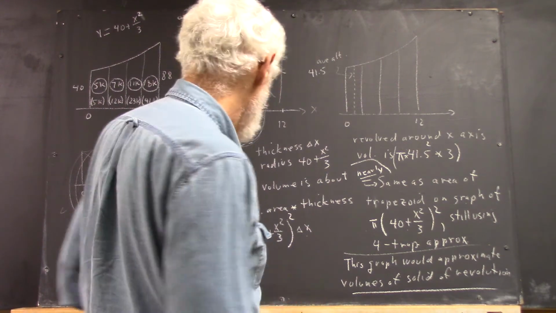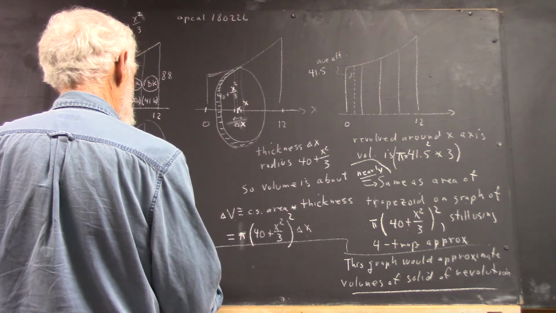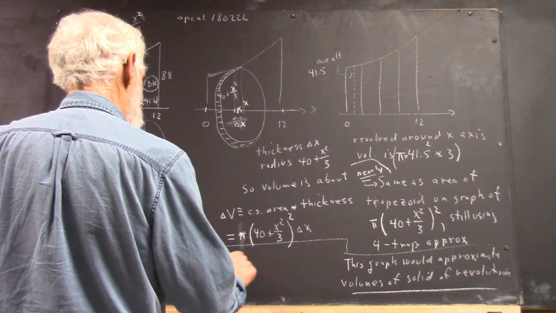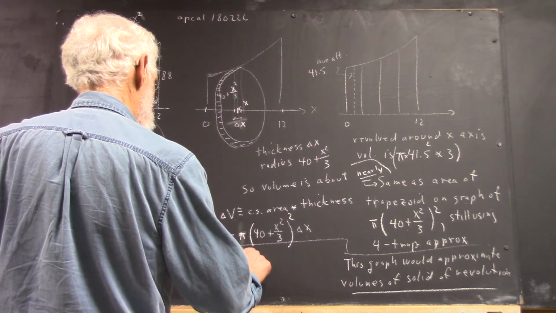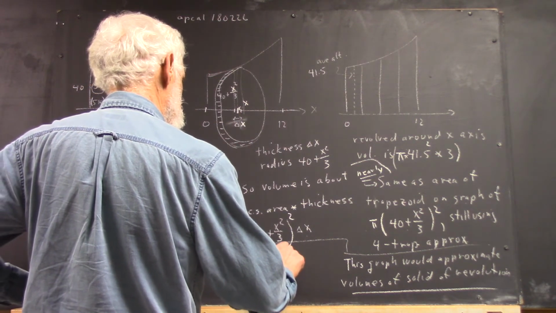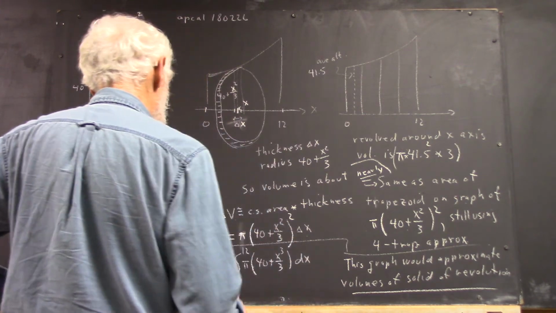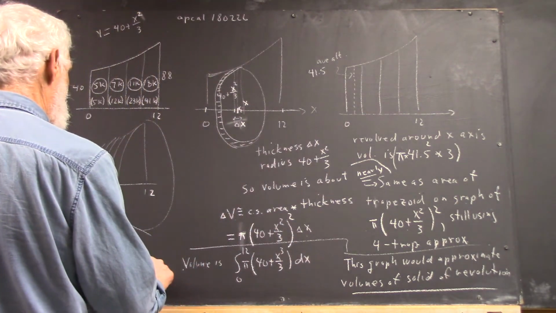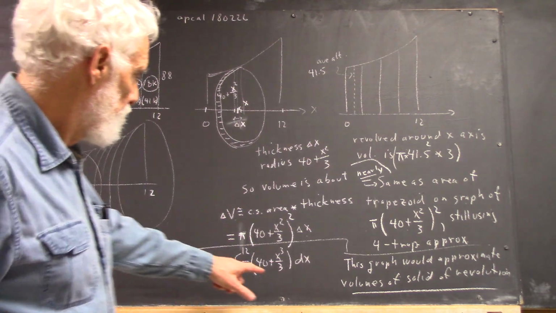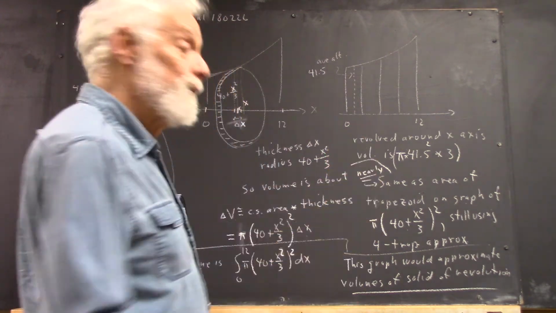For that reason, the exact volume is the integral involving 40 plus x squared over 3, squared.